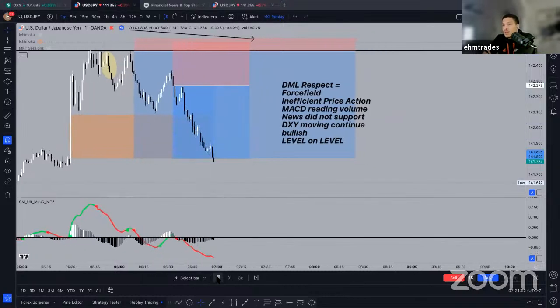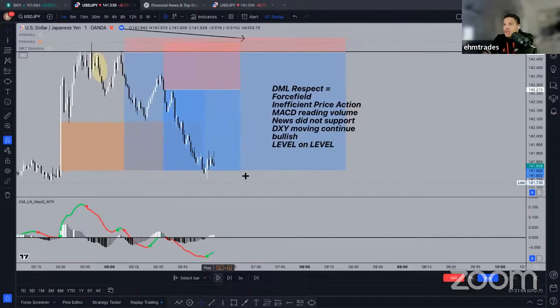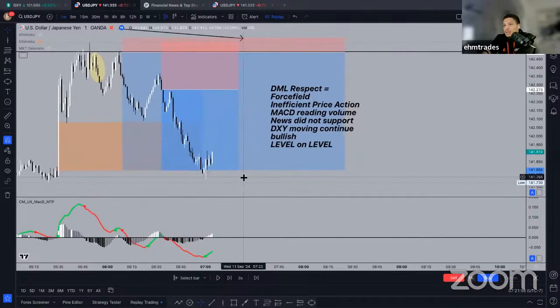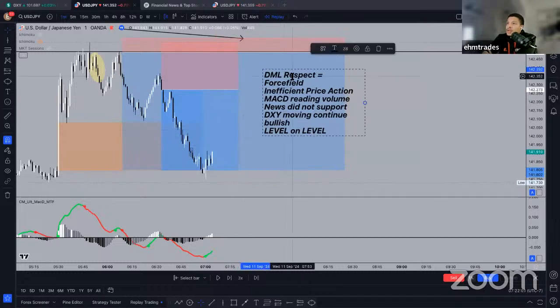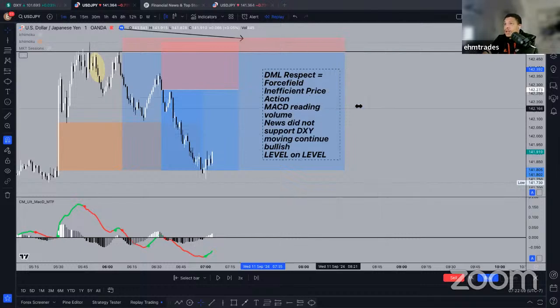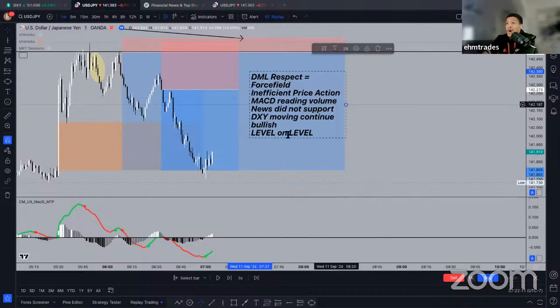And of course we saw price action, but look at that. Because of these one, two, three, four, five, six factors, and these are all really just simple factors that we're considering here.